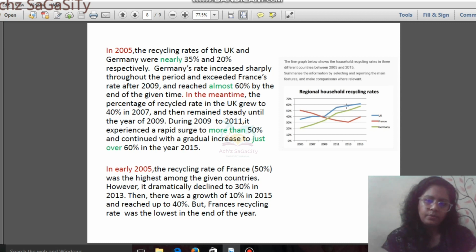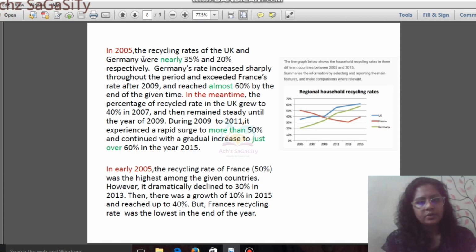Surge means upward growth, a sudden increase, and it reached more than 50% and continued with a gradual increase. That means according to the time it increased. Okay, gradual increase to just over 60% in the year 2015. So at the end time you can see it reached just over 60%. So that's about the growth of the UK.